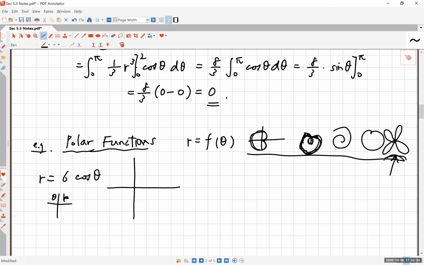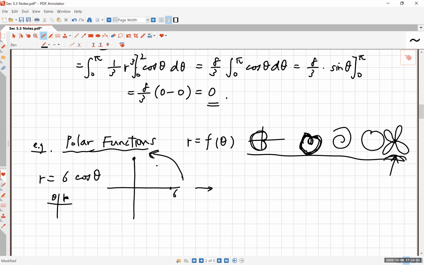So cosine of 0 is of course 1, so this one starts at 6 when theta is 0, which is this direction. And as theta goes from 0 to pi over 2, which is here, what is the cosine of pi over 2? It's 0, right? So as you go from 0 to pi over 2, the value of the function r goes from 6 down to 0 in a nice, smooth way.